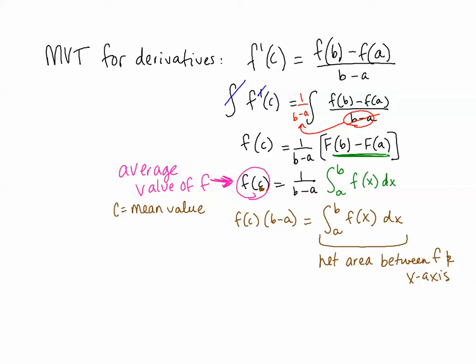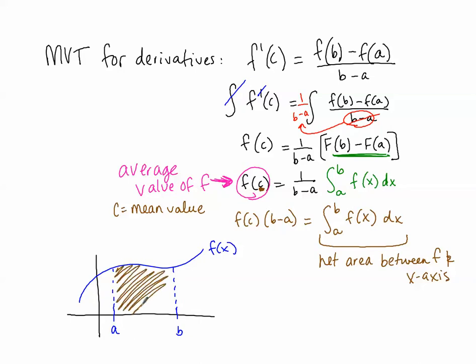Given a picture, let's say f of x is like this, and let's say a starts here and b starts here, then the definite integral is all of this area in here. Nothing's below the x-axis, so nothing is negative. So we have that shaded region right there, so it's the area of that. That's the definite integral.